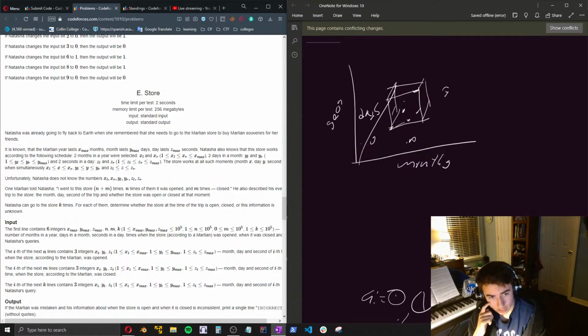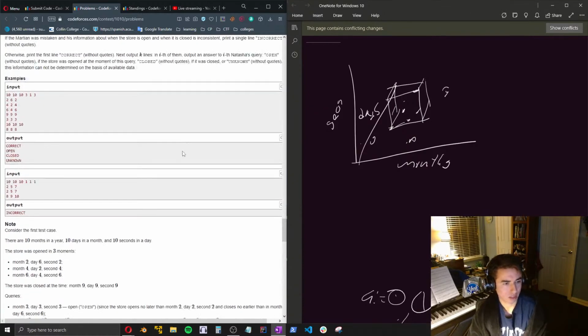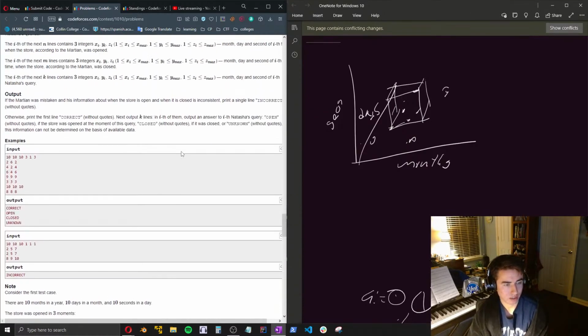If a point is outside that cube, then you know it's definitely closed. And for any points in the middle, you're not sure. So let's think about the first problem. How do we think about the smallest cube that can fit all points inside of it?